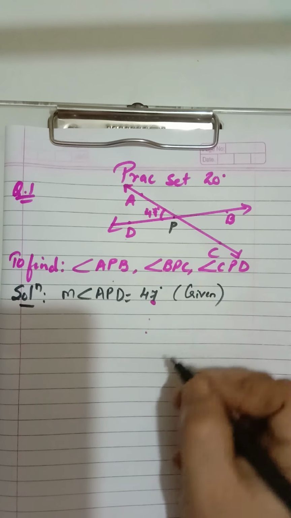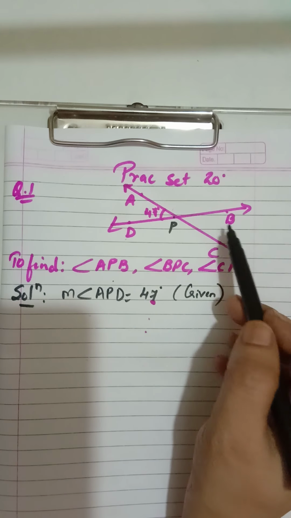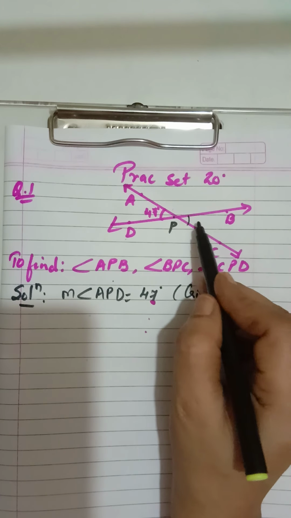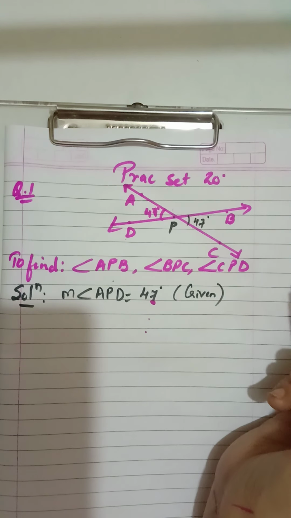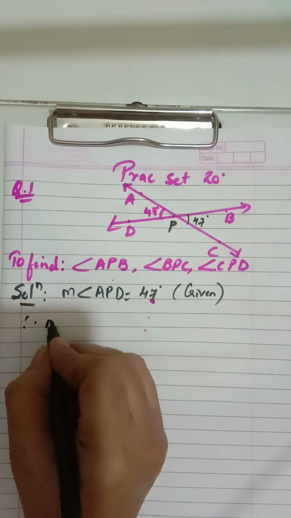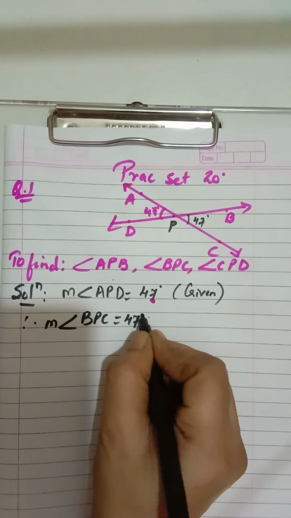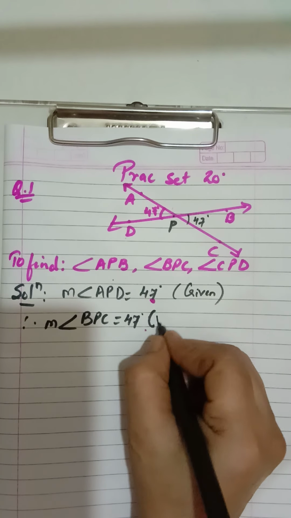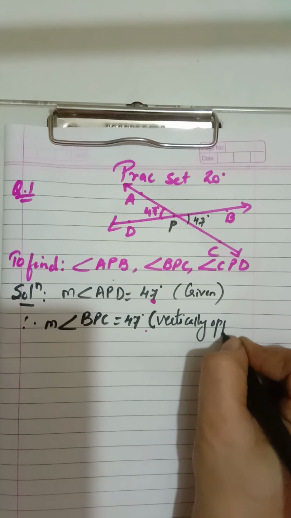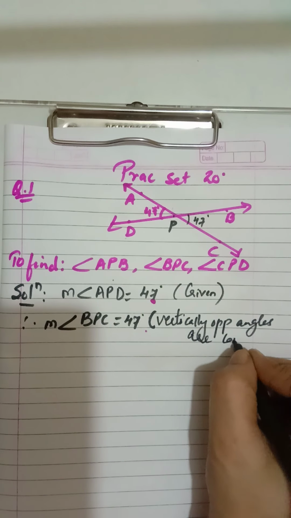Now see children, APD is 47 degrees, so its vertically opposite angle will be BPC, this angle, so that also is going to be 47 degrees. So we can write here, therefore, measure of angle BPC is equal to 47 degrees, in brackets, vertically opposite angles are congruent.